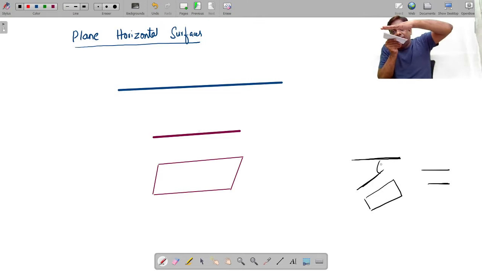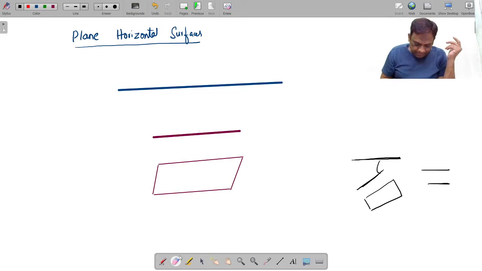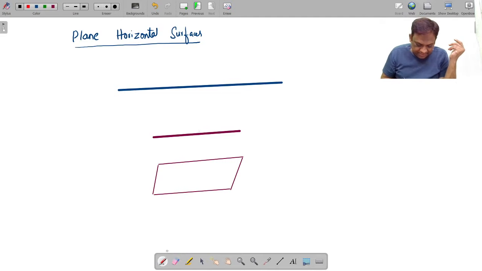Theta is decreasing, decreasing, and if it is horizontal, the angle between this and this is 0. And if I make it vertical, theta is 90, and it keeps decreasing to 0. So if I put theta 0, I'll get the plane horizontal surface. Okay, no problem at all.